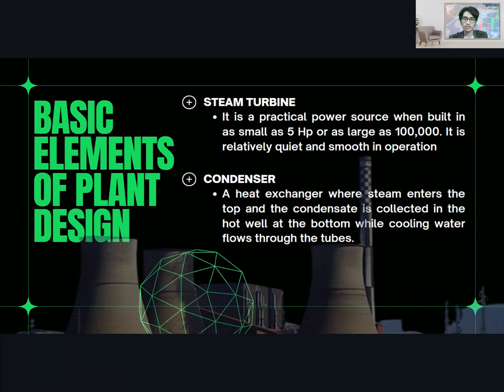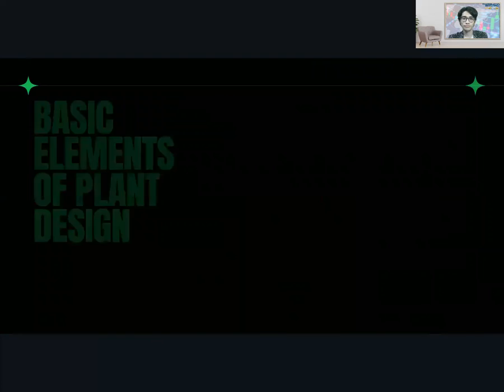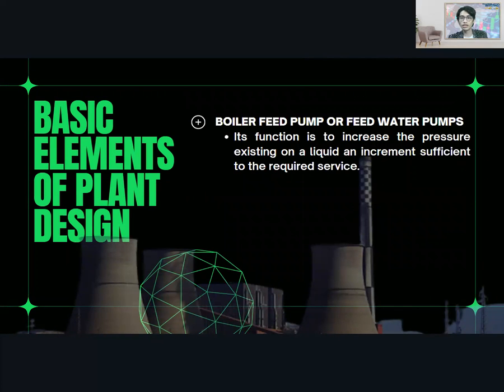Steam enters the top and the condensate is collected in the hot well at the bottom while cooling water flows through the tubes. Next is the boiler feed pump, or the feed water pump. Its function is to increase the pressure on a liquid sufficient for the required service.